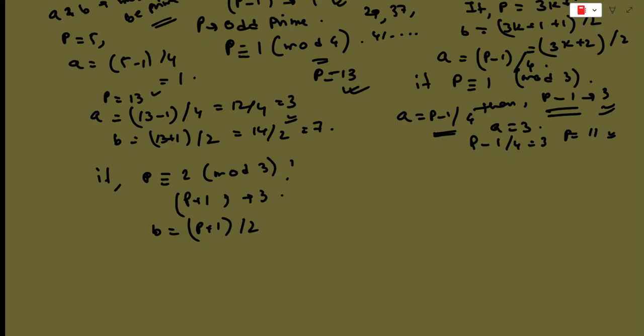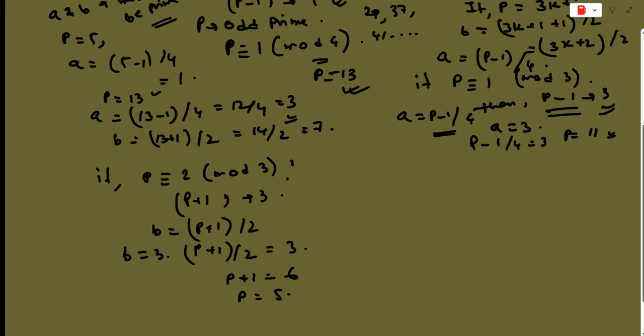So the only prime divisible by 3 is 3 itself. So B will be 3. So (P plus 1)/2 is 3. So P plus 1 is 6 and P will be 5, right? But we already checked P equal to 5 and it failed because A became 1, right?